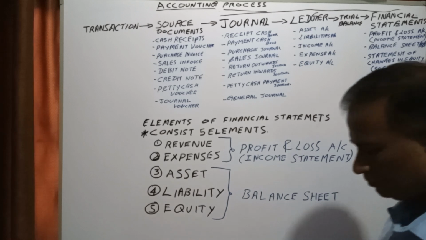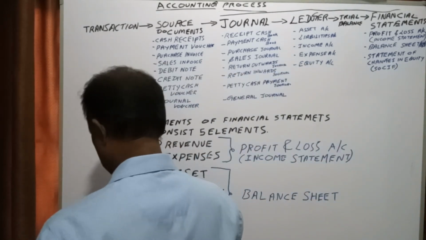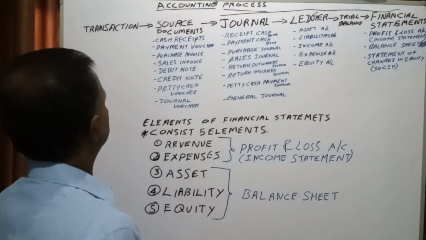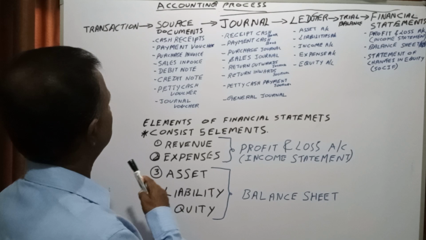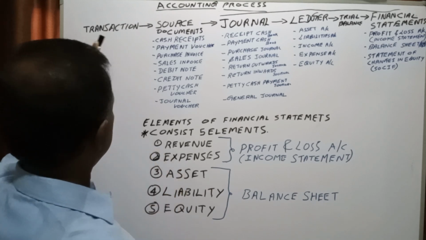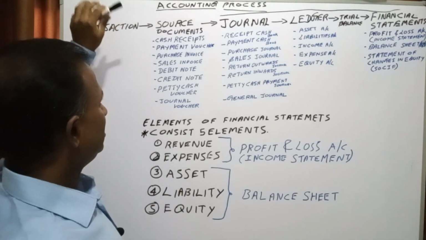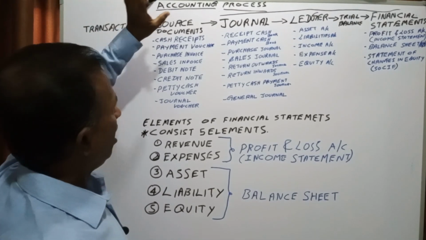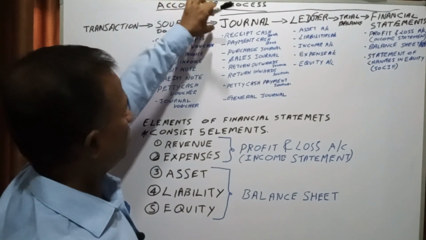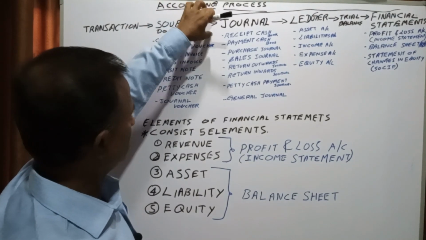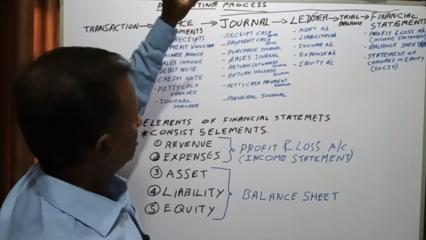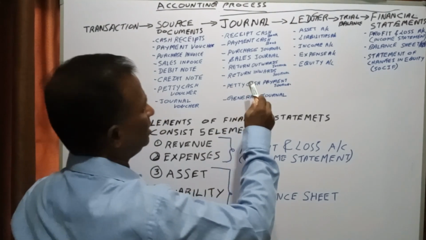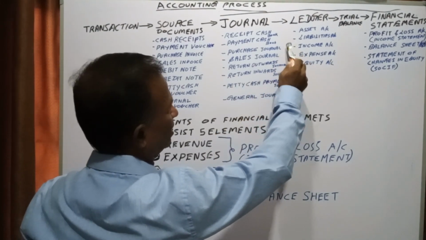First of all, transactions are taking place, and based on the transactions we are collecting the relevant documents of that particular transaction, and thereafter we are recording those source documents in the journals, and based on the journal we are preparing the ledger.